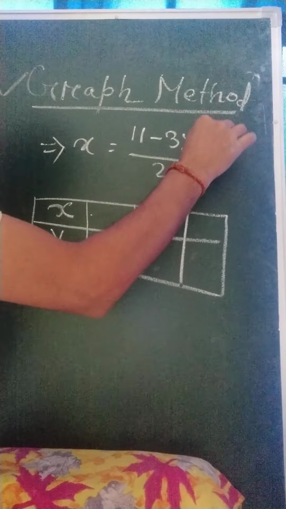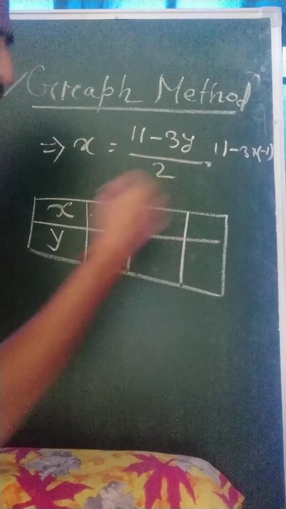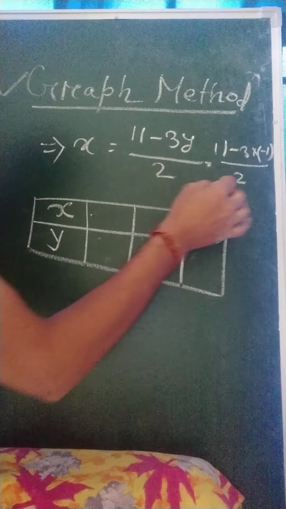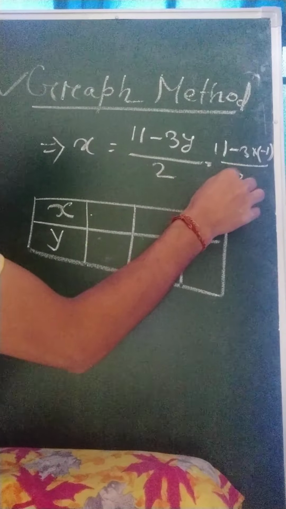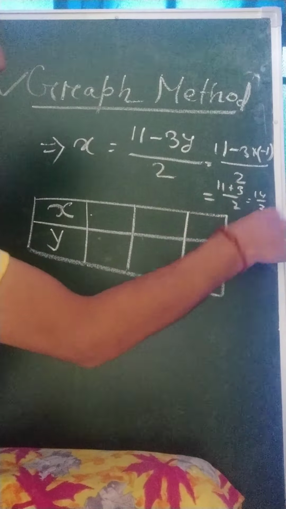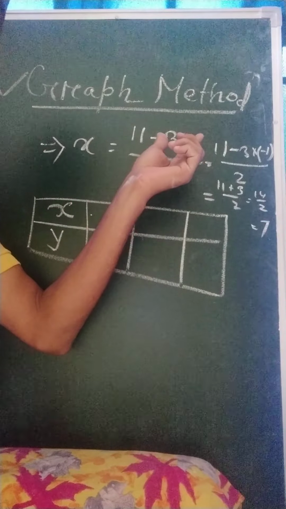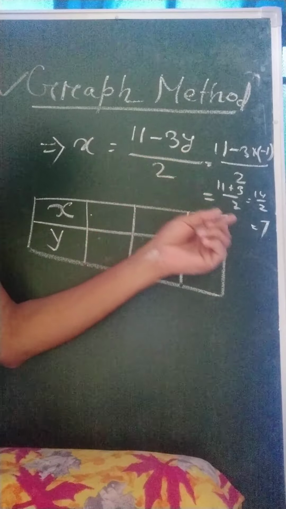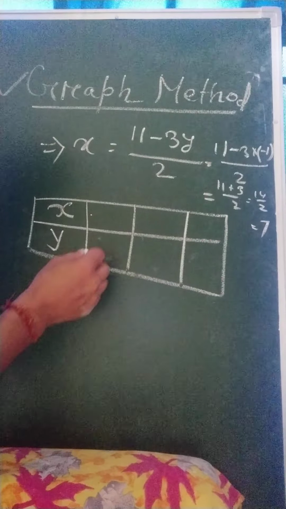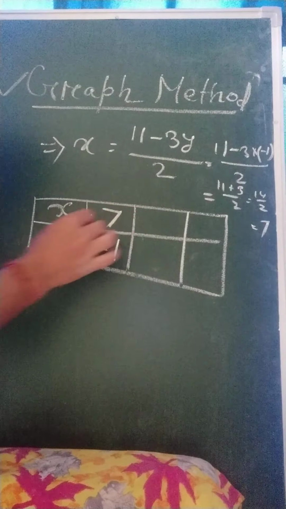Look here, students: 11 minus 3 multiplied by -1, that is -3 multiplied by -1, divided by 2. Then it will be 11 plus 3 divided by 2, that means 14 by 2, which is equal to 7. So you have to think which number to put in the place of y so that I get x as either a positive integer or a negative integer. So I have taken y equal to -1, and we found x equal to 7.